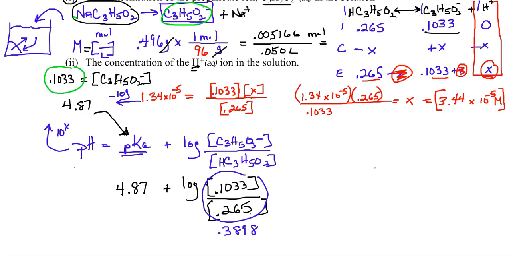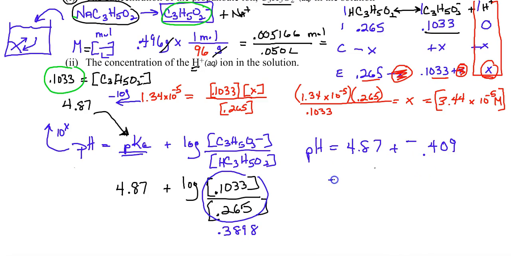Handy dandy calculator. And what you get, just rewriting this, so our pH is equal to the pKa, which we found to be 4.87, plus the log of these two numbers divided, which is 0.3898. I take the log of that, and I get a negative 0.409.